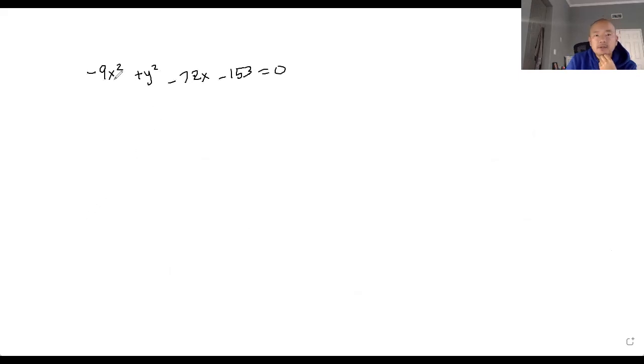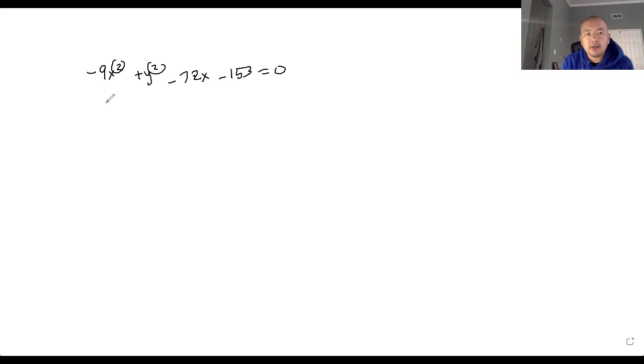Notice that both the x and the y are squared. Even though we have the x here, we're looking at the highest power. So what we're going to do is group the x's with the x's and the y's with the y's, and leave everything else and put it on the other side of the equal sign. You want to keep the variable terms together.